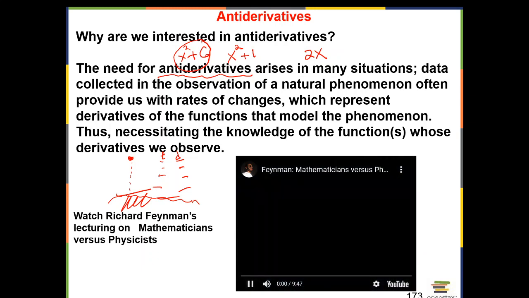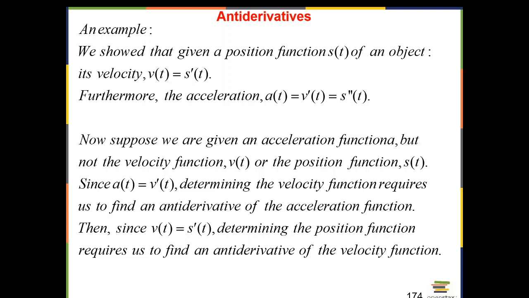So let's talk about it. We showed that given a position function, we can take the derivative of it and find the velocity, and then we can take the derivative of the velocity and find acceleration, right? So now suppose we are given acceleration, we want to find what?